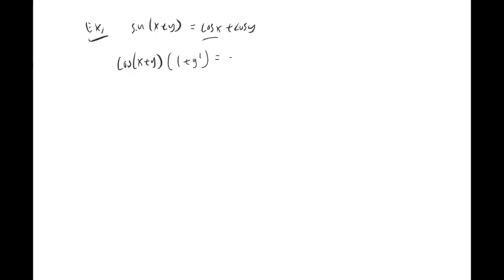The derivative of cosine is just negative sine. And then here, same exact thing. The derivative of cosine is negative sine, but I took the derivative of something with y, so multiply by y prime. And then at this point, it's just the same thing. Isolate y prime. y prime cosine of x plus y equals negative y prime sine y minus sine x.